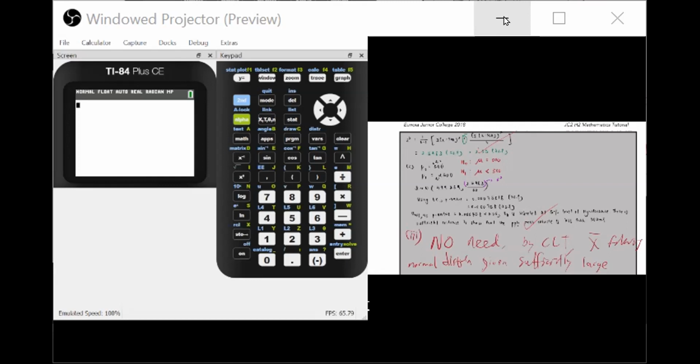Go to the next one, sigma. In this case, you have to be careful. Look at this part over here: X bar follows normal, and here you should be keying in the square root of the numerator 2.5483.